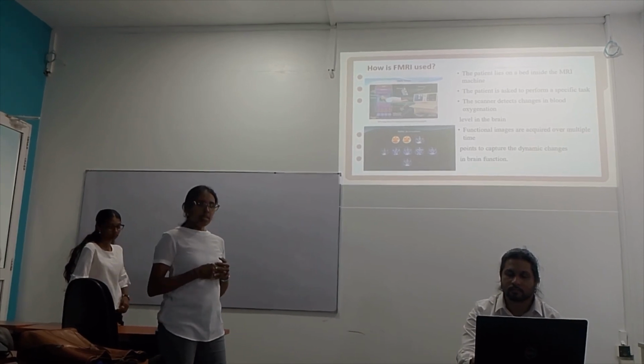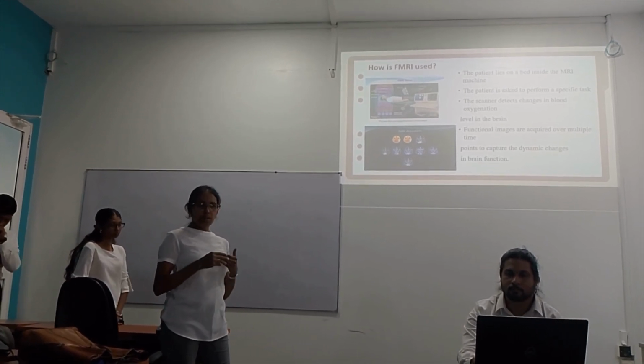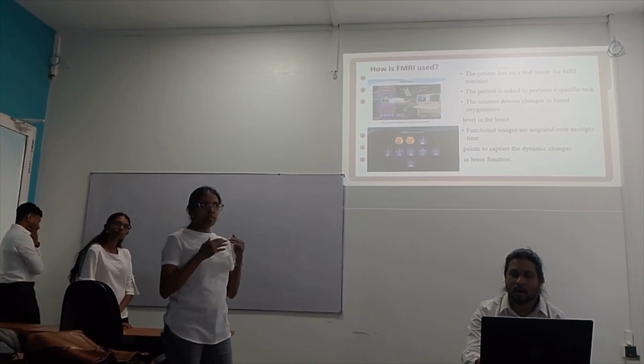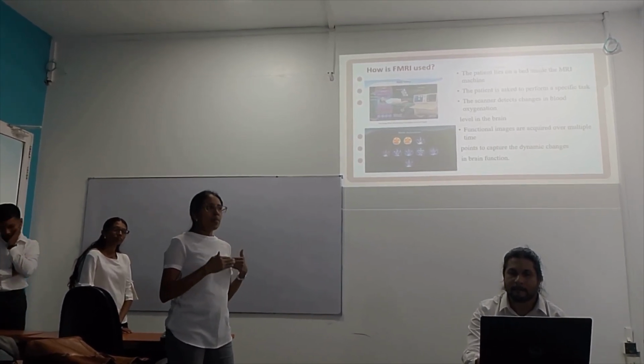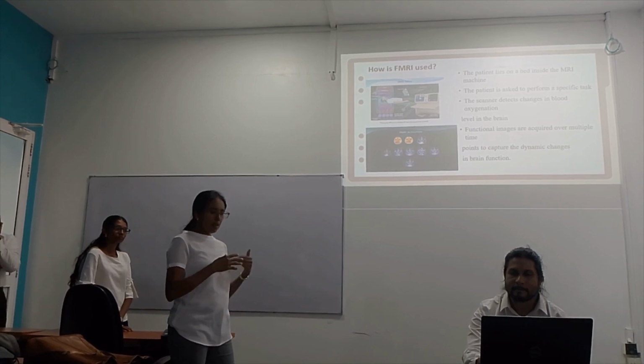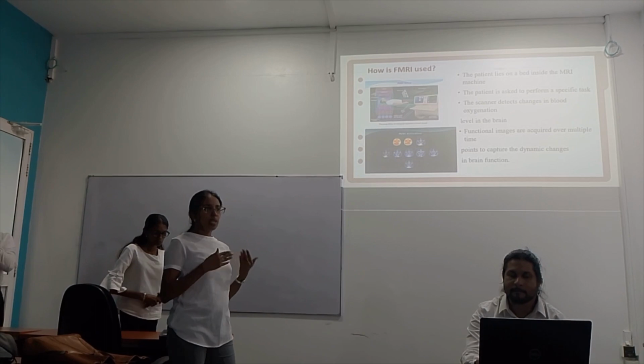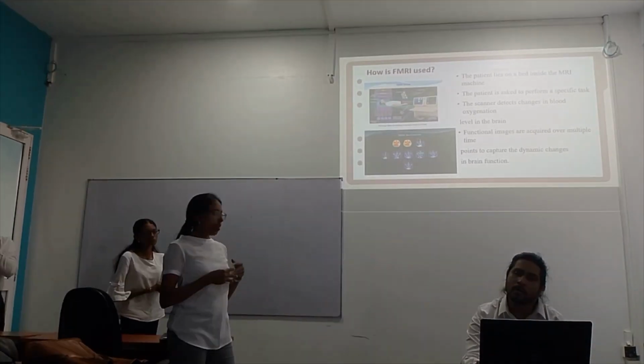By analyzing changes in blood flow and blood oxygenation level, fMRI can generate functional activation maps.